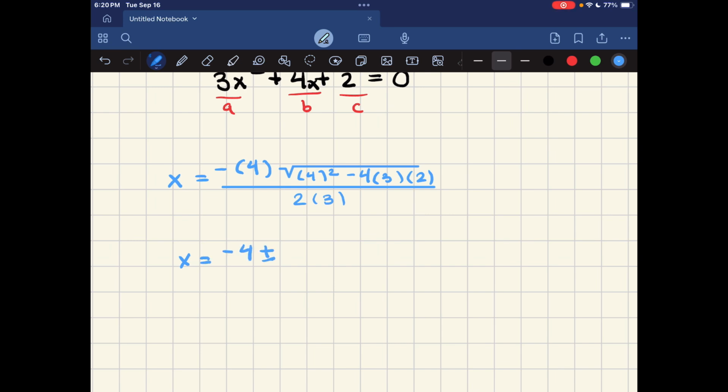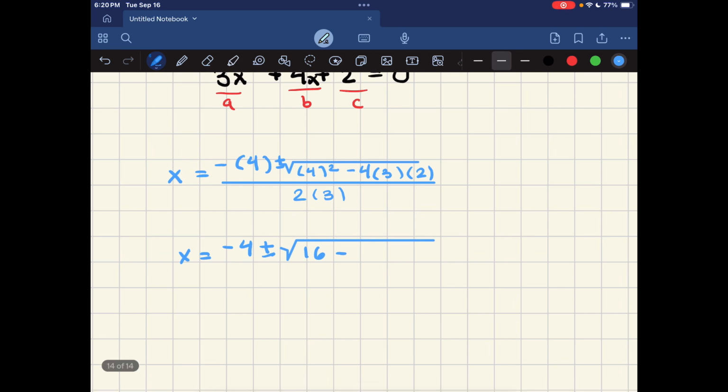Again, we rewrite the formula, but it's going to be negative 4 this time, plus, oh, I forgot to add the plus minus on top. That's my mistake. Plus minus. And then 4 squared is going to be 16. And then negative 4 multiplied by 3 and multiplied by 2 is going to be negative 24. And then under 2 multiplied by 3, it's going to be 6.